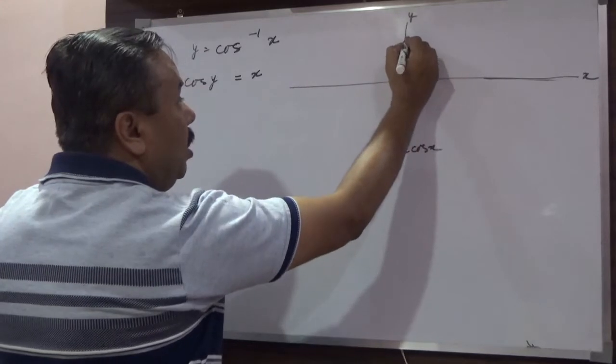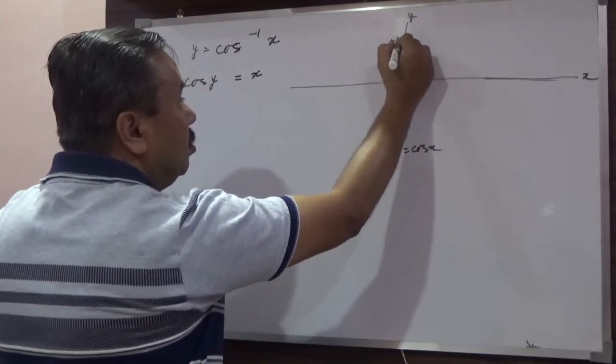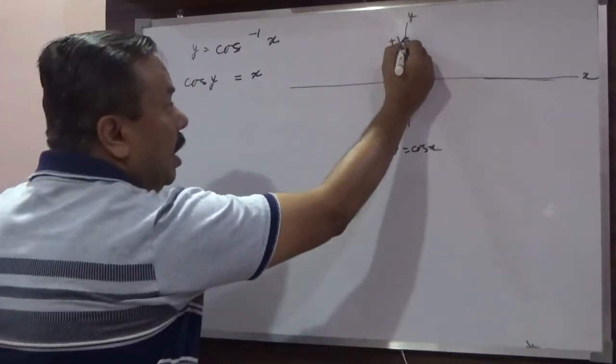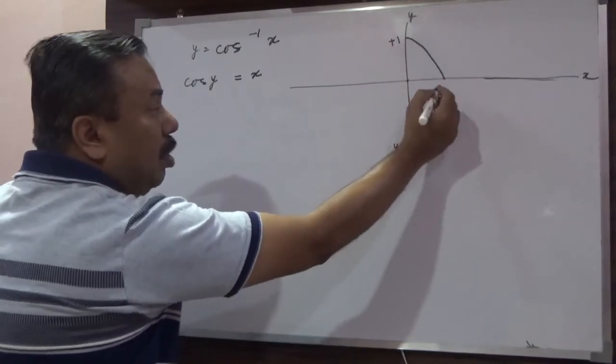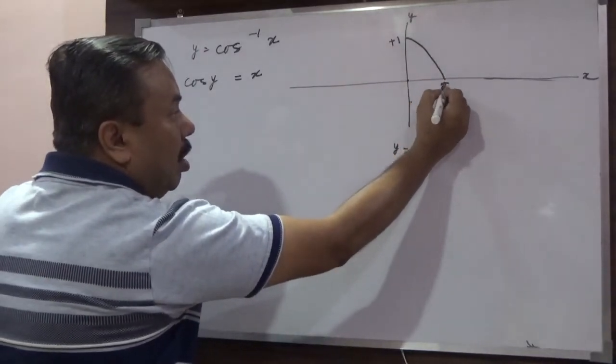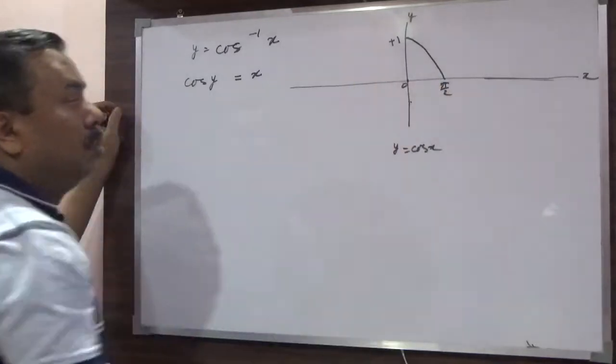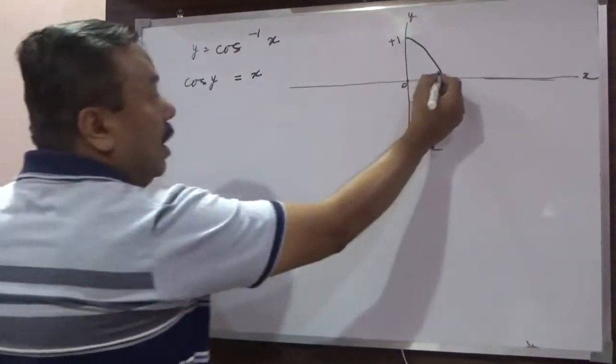At 0 it was plus 1. Then it went down, at pi by 2 it was 0. Then it kept on reducing.